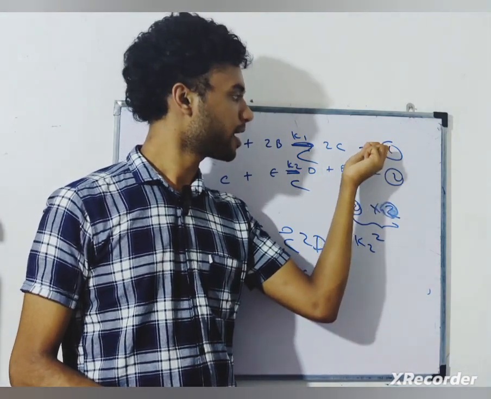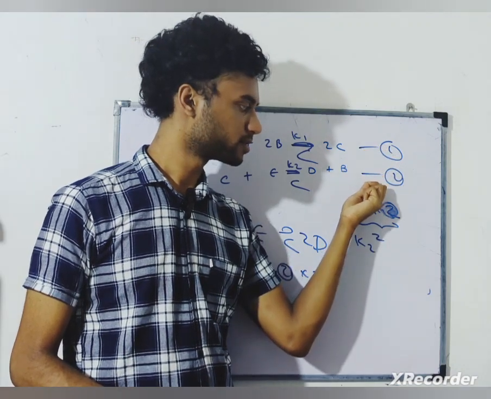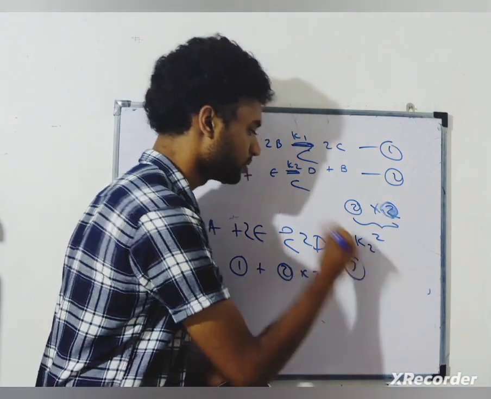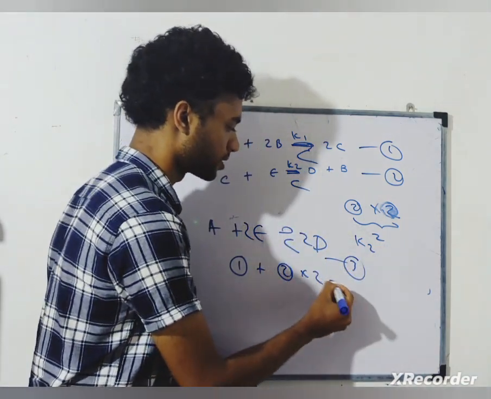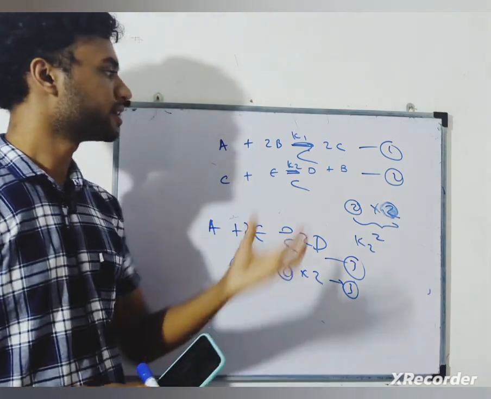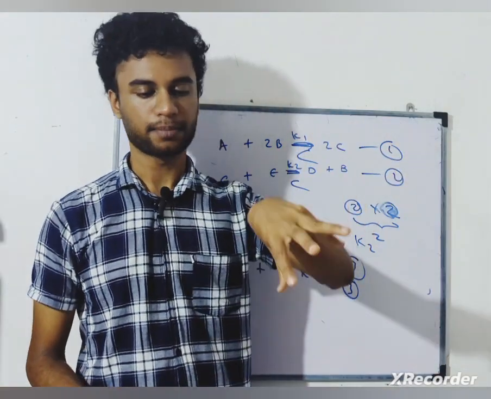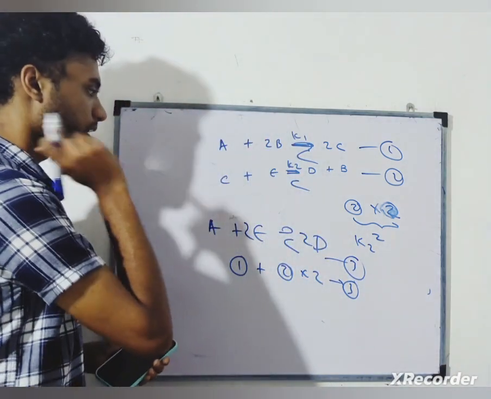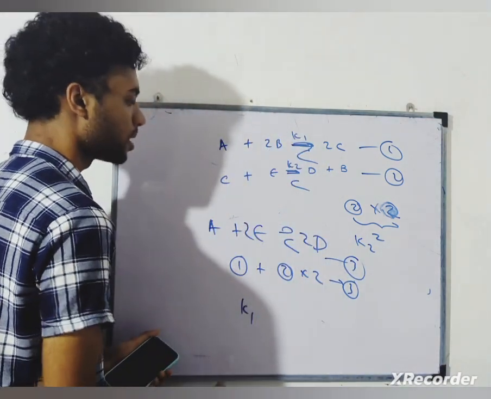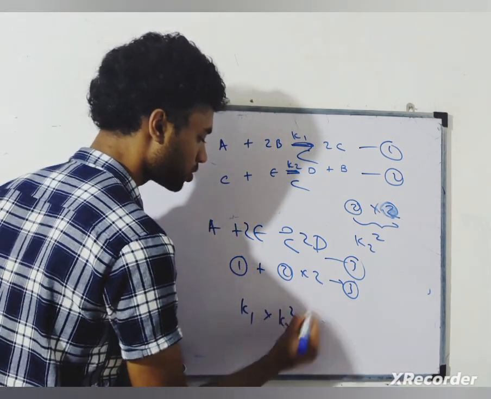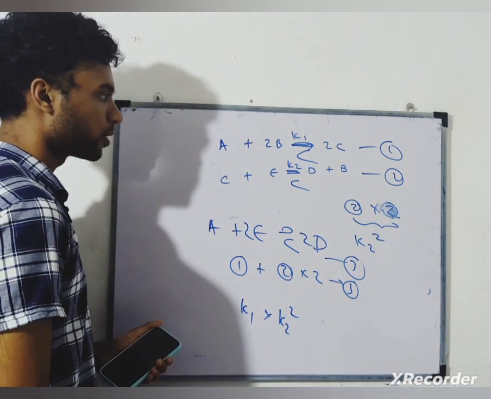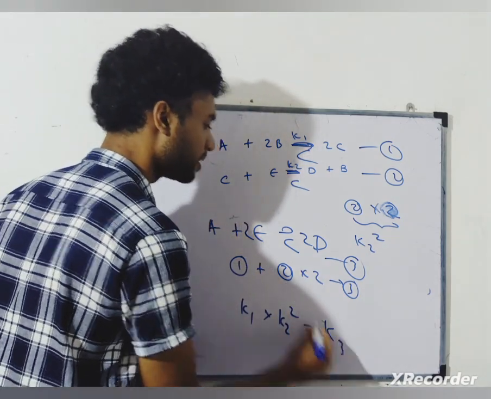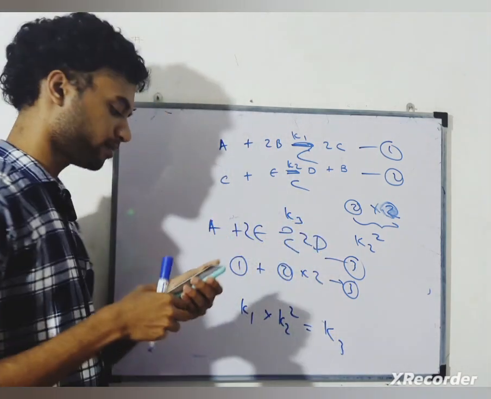When I add reactions 1 plus 2 times 2 giving number 3, the equilibrium constants are multiplied. So I multiply K1 by K2 to the power 2, because I had to multiply equation 2 by 2. That is equal to the equilibrium constant K3.